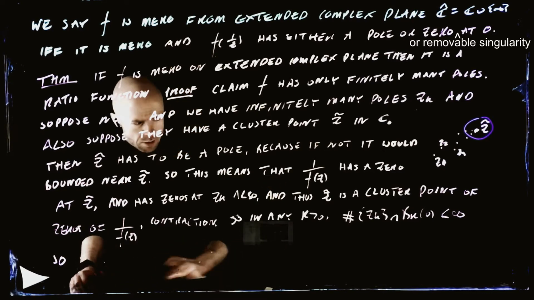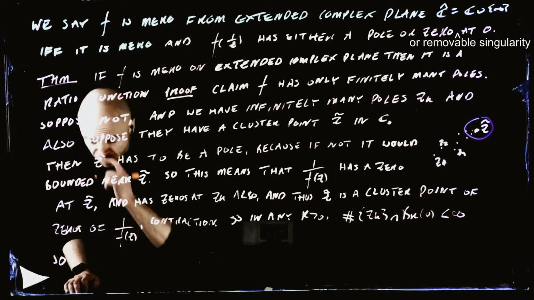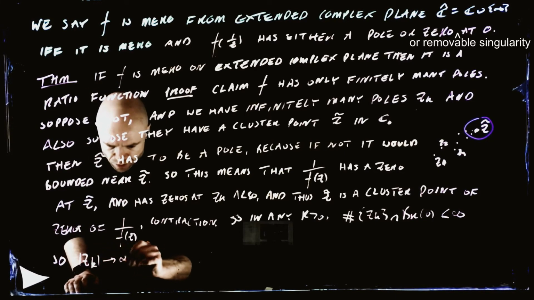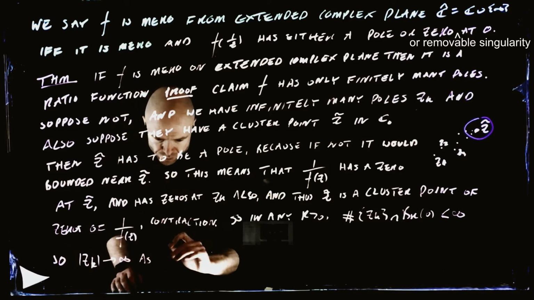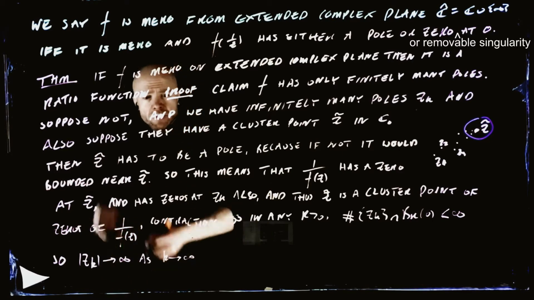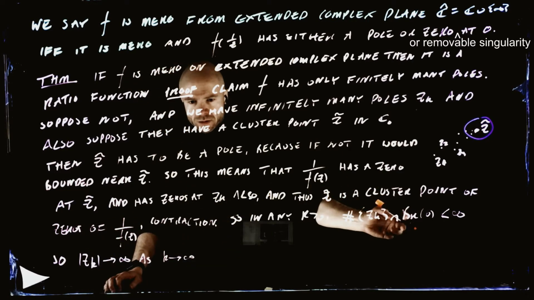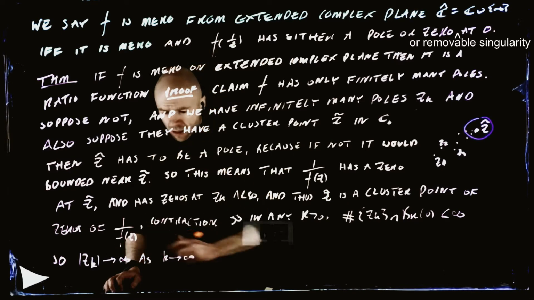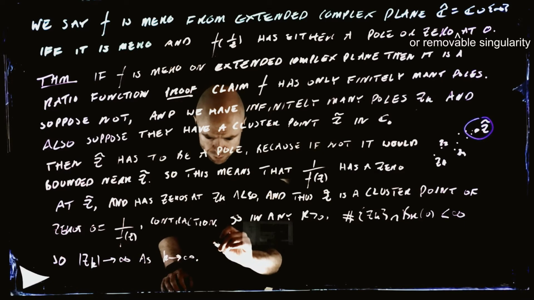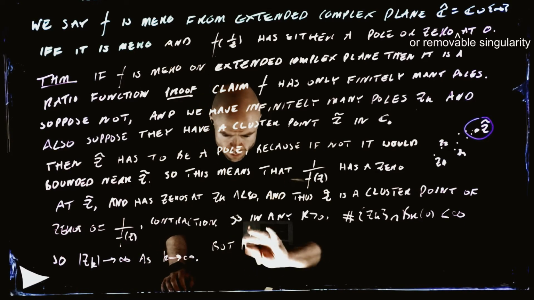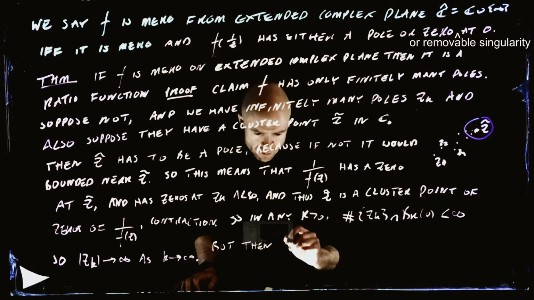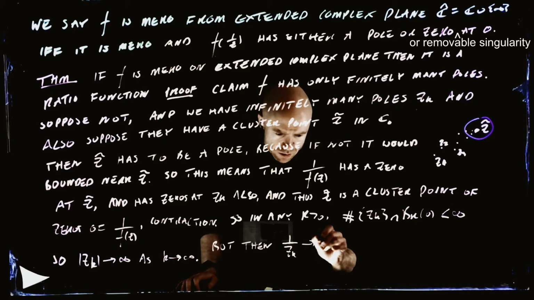So zk goes to infinity as k tends to infinity, because if this was not true, then there'd be a subsequence that remains bounded, and that would contradict this. Yeah? So zk goes to infinity, but then one over zk tends to 0. Yeah?